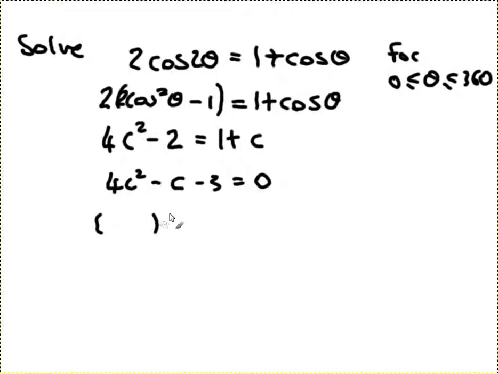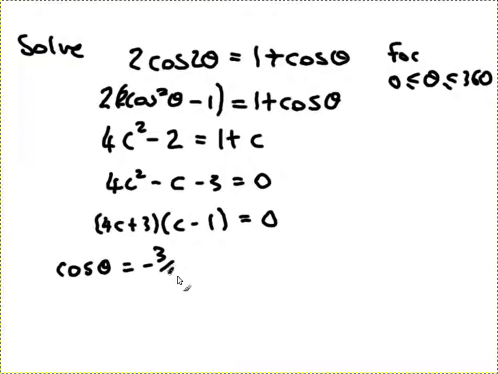Factorise, and we're very fortunate that this one does factorise. They sometimes, very occasionally, give you one which doesn't factorise in the exam, but that's quite unusual. That gives us 4c plus 3 in one bracket and c minus 1 in the other. And hence cos theta is minus 3/4, or cos theta is positive 1.